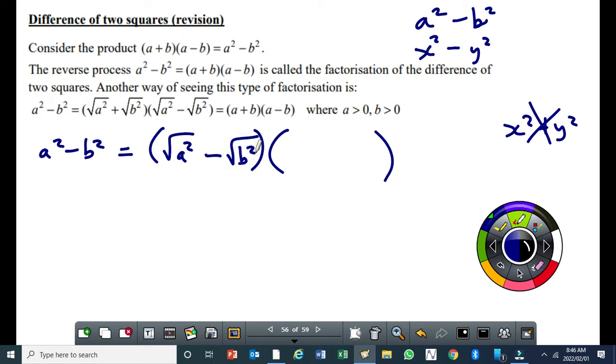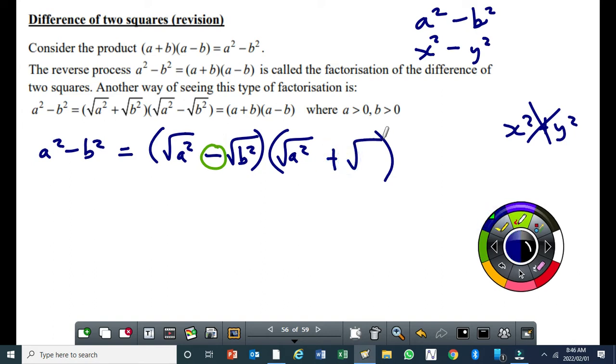In the second bracket, you just rewrite the first term of the first bracket, so it means you're finding the square root of a squared. Then the sign, you change to the opposite, which will be an addition sign. And you repeat what you did with the second term of the first binomial.